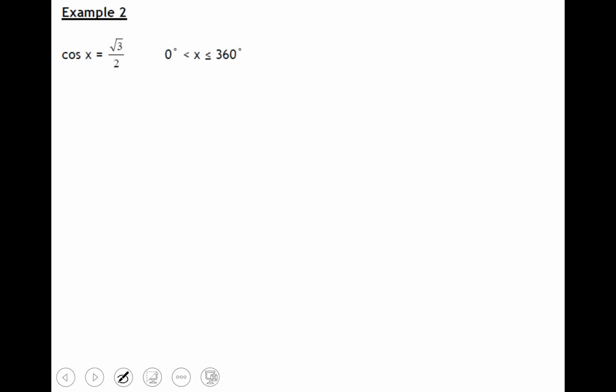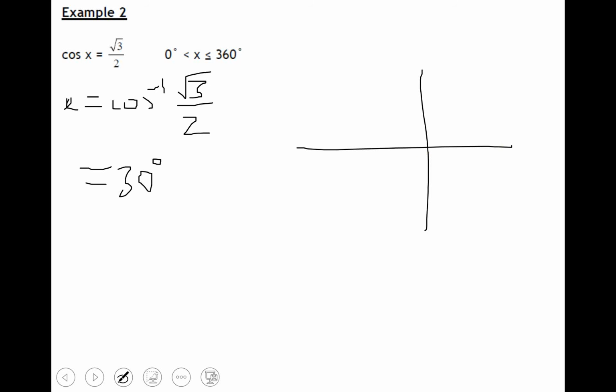Example 2, cos x equals root 3 over 2. We start off in a similar way, but this time it's cos inverse that we need to do. Cos to the minus 1 of root 3 over 2. Sticking it into the calculator, or remembering from our knowledge of exact trig ratios, the first angle we get is 30 degrees. We put it in our cast diagram.